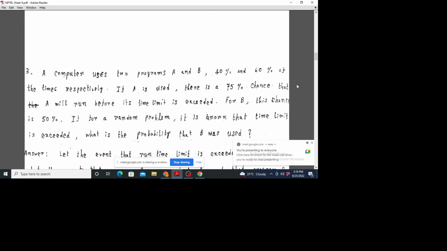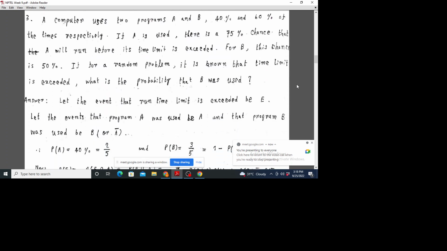Okay, so let us now move on to the third problem. A computer uses two programs, A and B, 40% and 60% of the times respectively. So 40% of the time it uses program A, and 60% of times it uses program B. Now, if program A is used, there is a 75% chance that A will run before its time limit is exceeded.